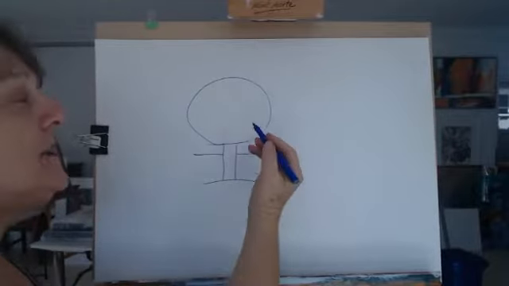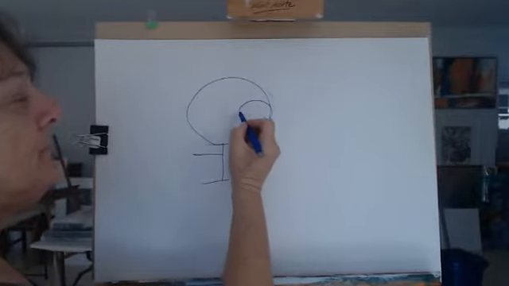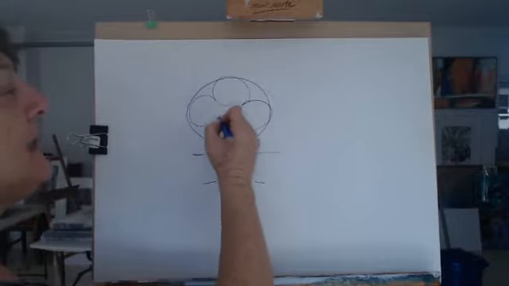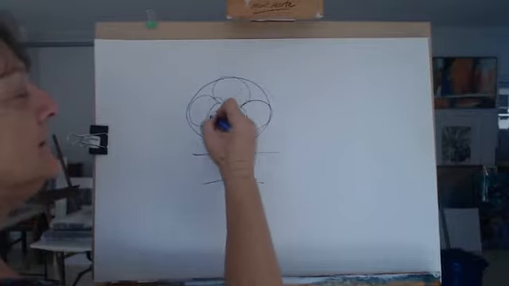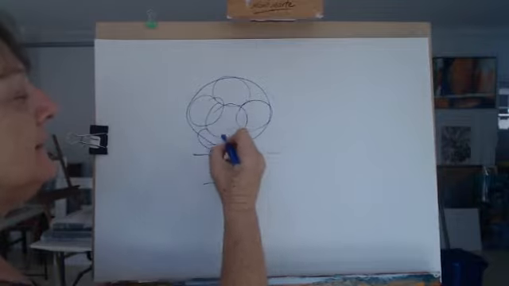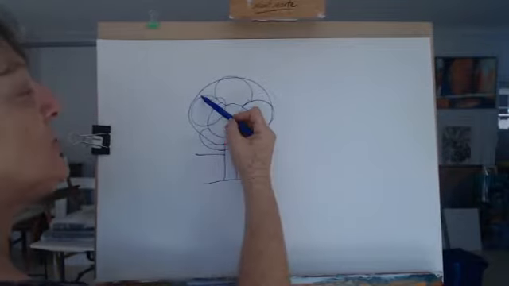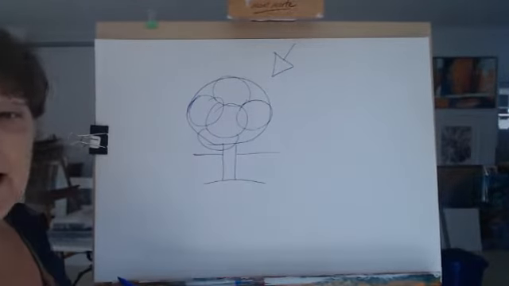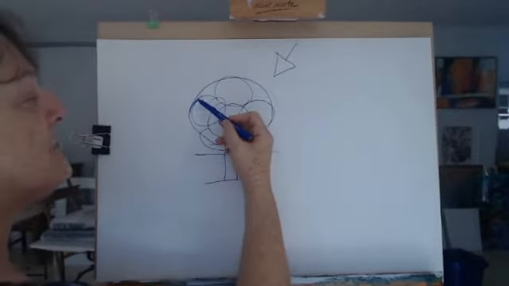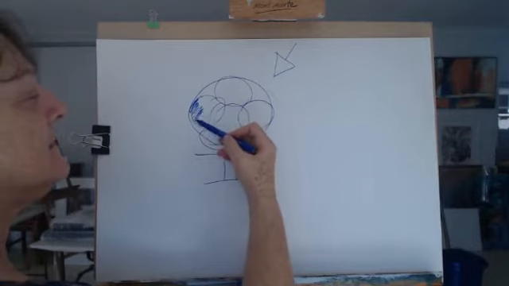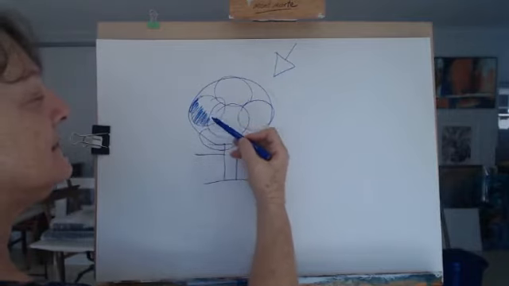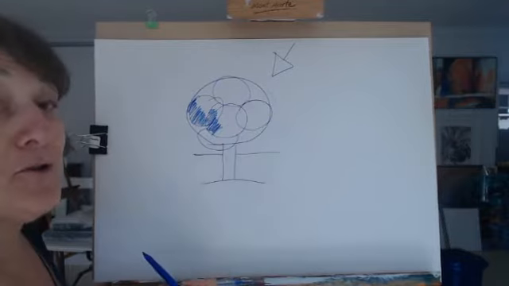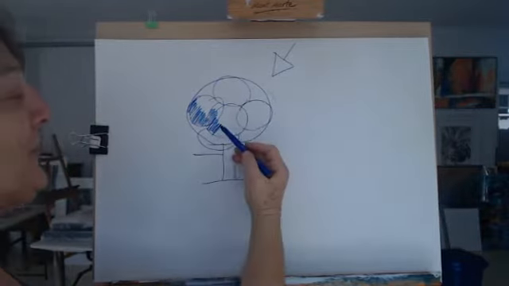It might actually have lots of spheres making up that tree. And each of those spheres, again, my sun coming from that top corner, each of those spheres is going to have, and look what I'm doing, I'm putting straight shading on.